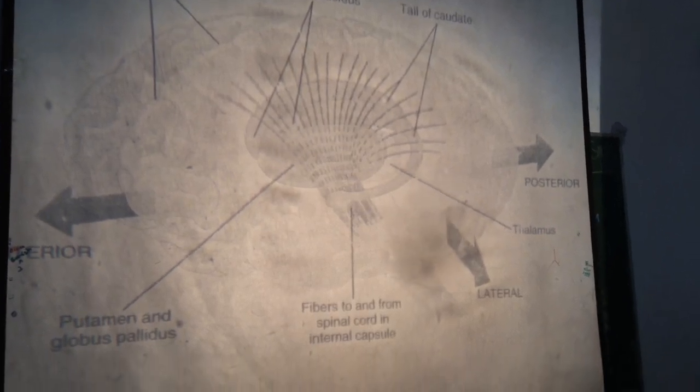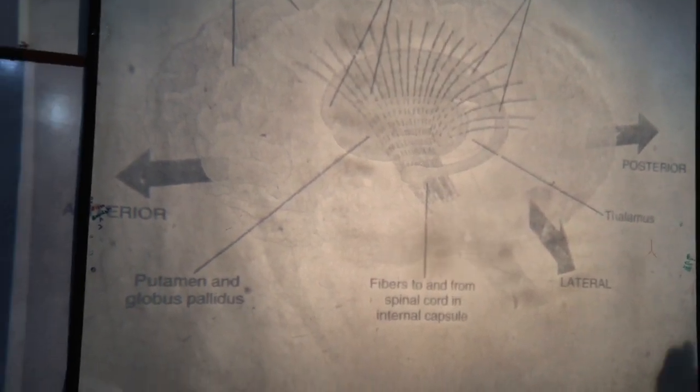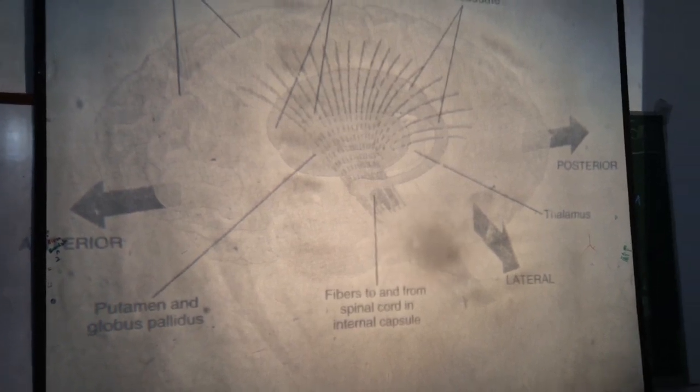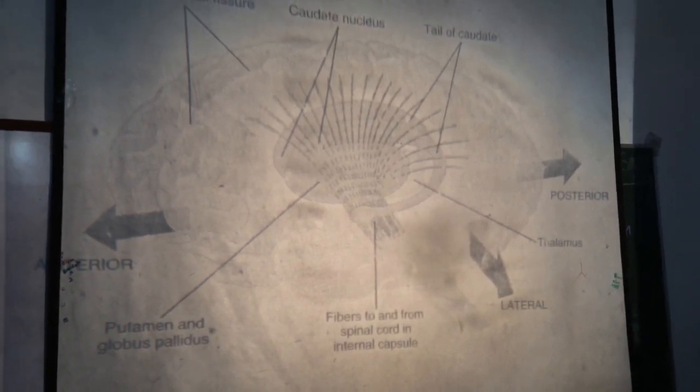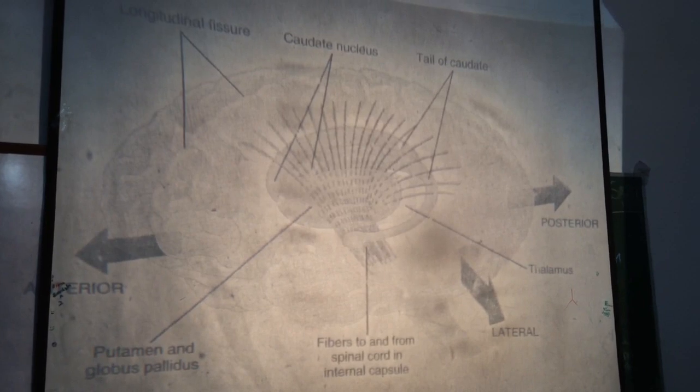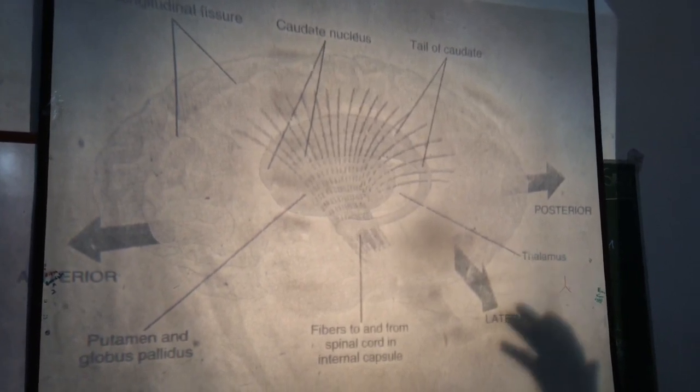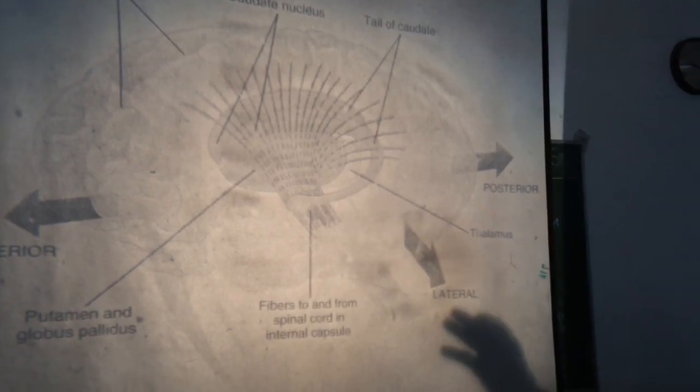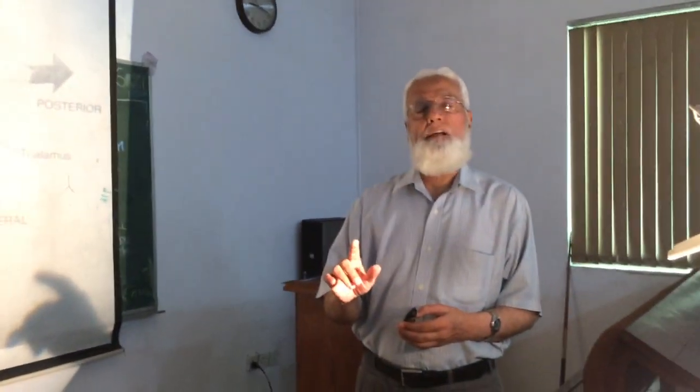So caudate nucleus, putamen, globus pallidus, substantia nigra, and subthalamic nucleus. These 5 nuclei are included in the basal ganglia or basal nuclei.